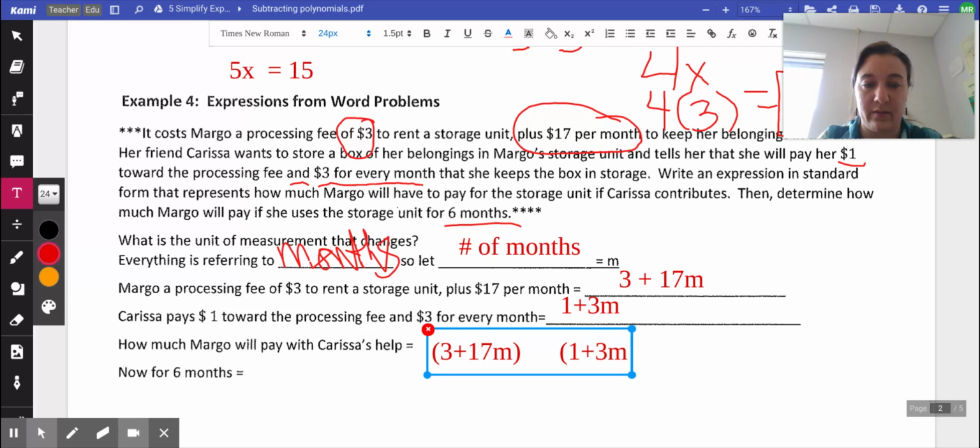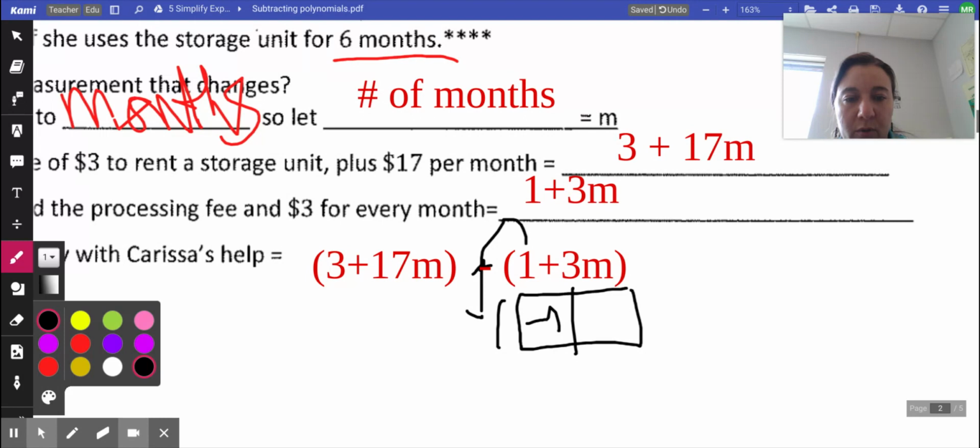So the first thing I'm going to do is copy this -1, put a box under this. There are two terms, so I'm separating into two boxes. -1 times 1 is a -1. -1 times 3m is a -3m.